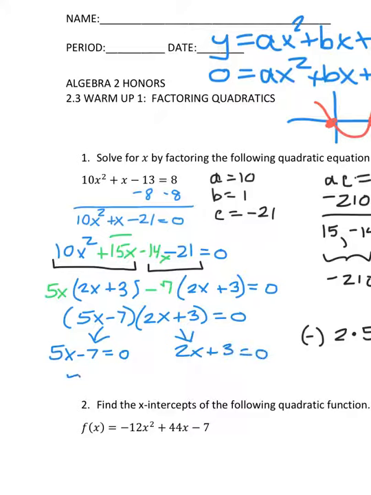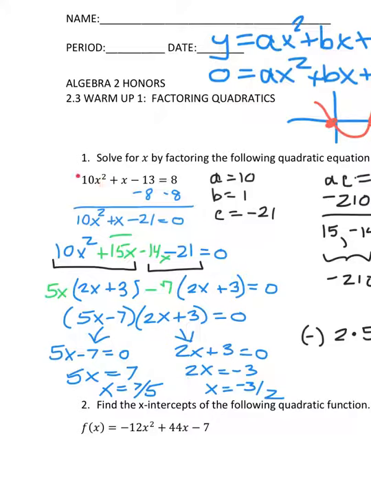So I've got 5x equals 7, and x equals 7/5, and 2x equals negative 3, and x equals negative 3/2. And so what we just solved there is, if we turn this into a function and we graph that parabola, we found the two x-intercepts to be x equals negative 1.5 and x equals 2 2/5. So that's exactly where that parabola is crossing the x-axis.